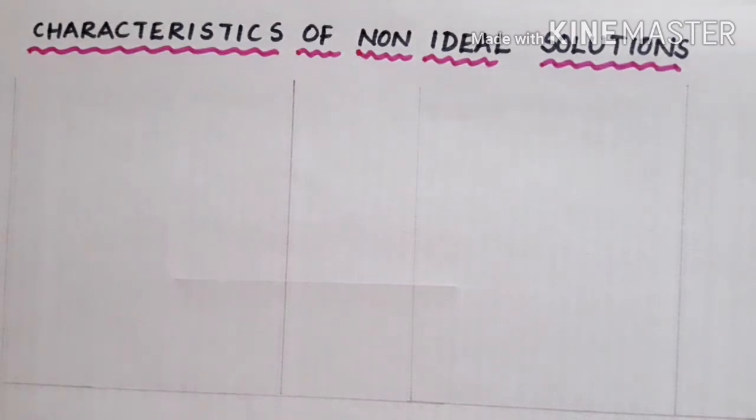We find that there are two types of non-ideal solutions. One which shows positive deviation from Raoult's law, and the other one which shows negative deviation from Raoult's law. First, we'll be seeing the characteristics of non-ideal solutions which show positive deviation from Raoult's law.